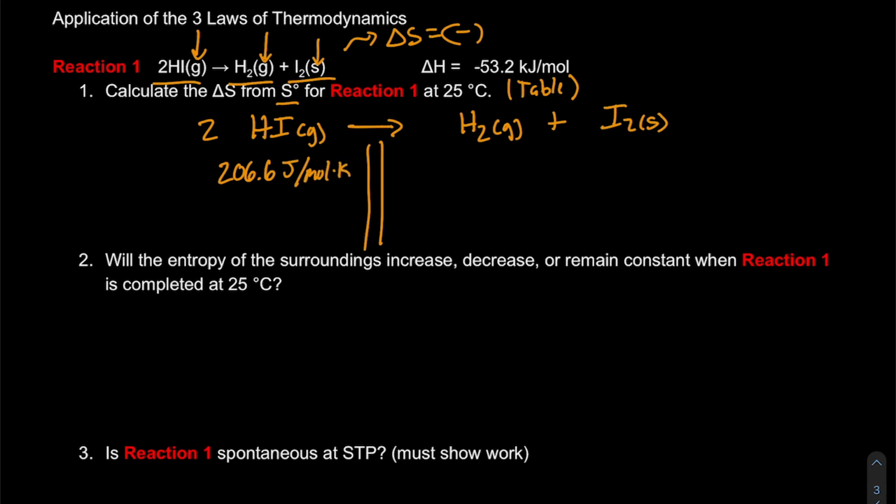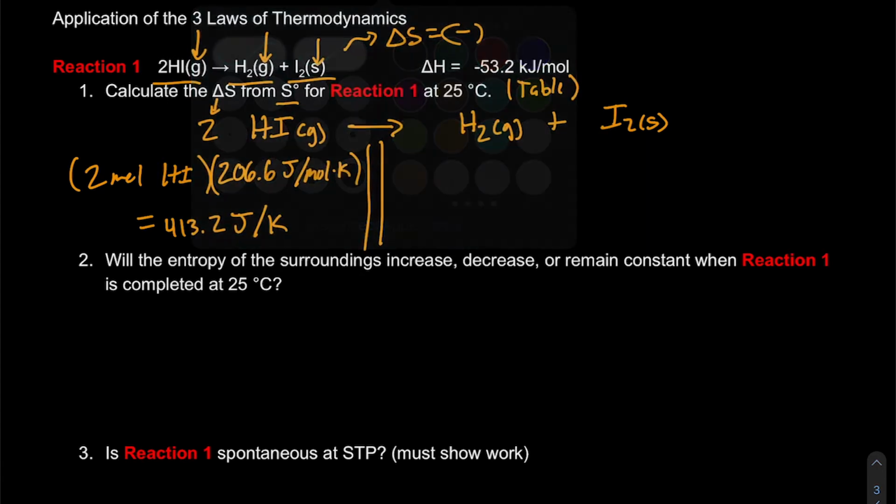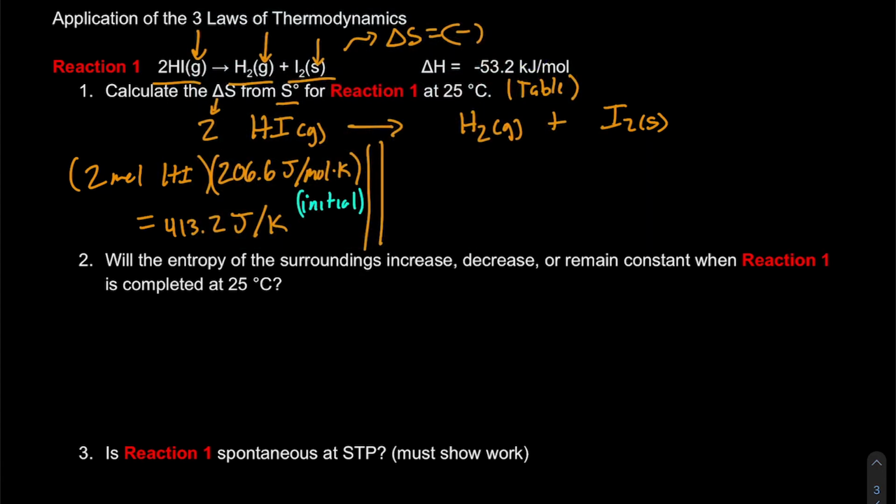Importantly, we have 2 moles of our hydrogen iodide, so the entropy that we start with for our 2 moles of HI would be 413.2 joules per Kelvin. We can think of this as the initial amount, for all of our reactants. So that's how much we start with.